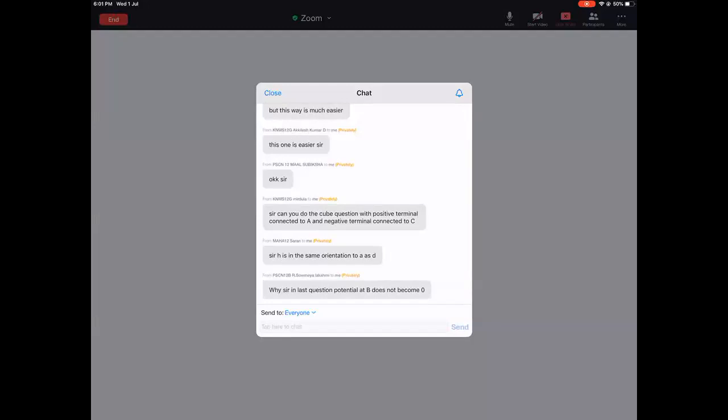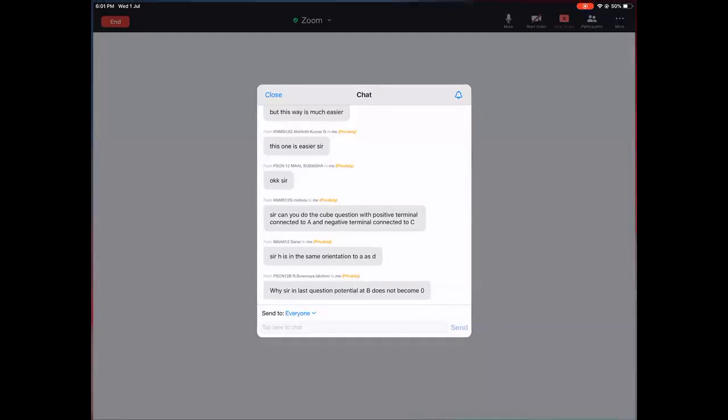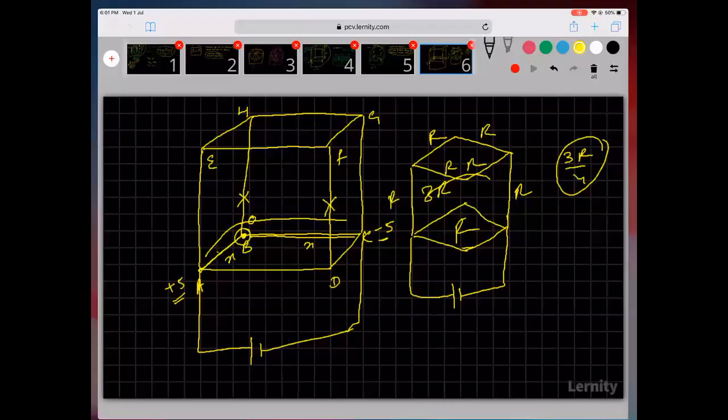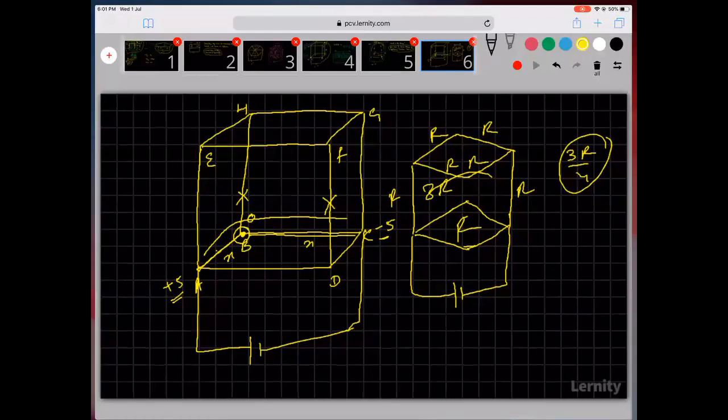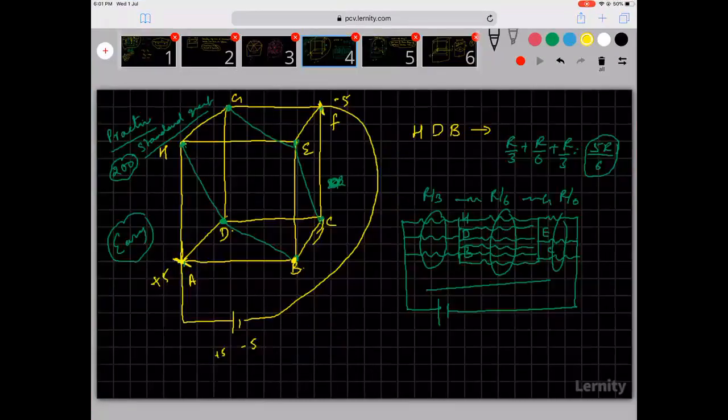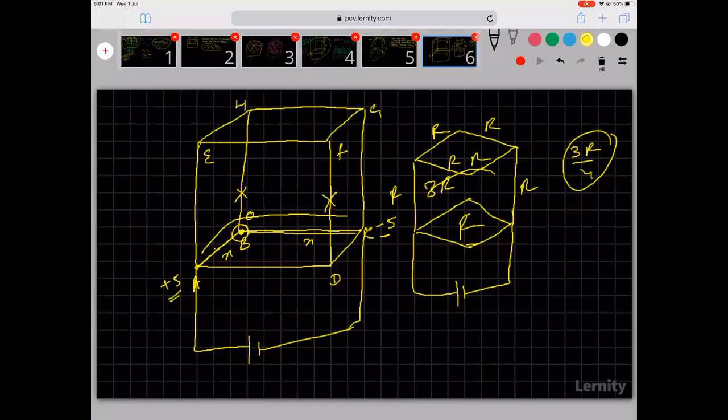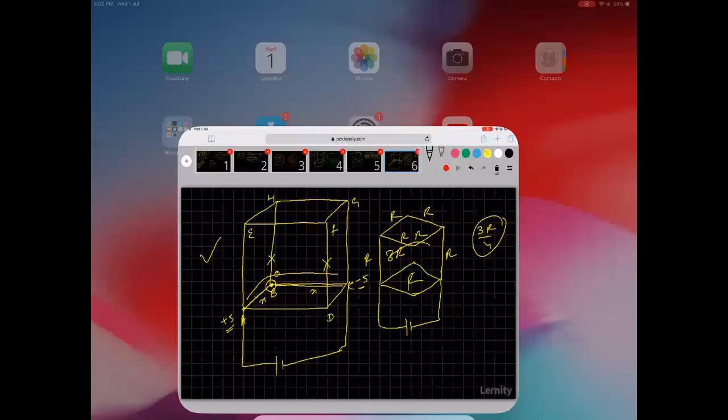Positive terminal connected to A and negative terminal connected to C. Yeah, I did. I'm doing that question only, right? Positive connected to A, negative connected to C. So quickly work it out. Any other responses quickly give?